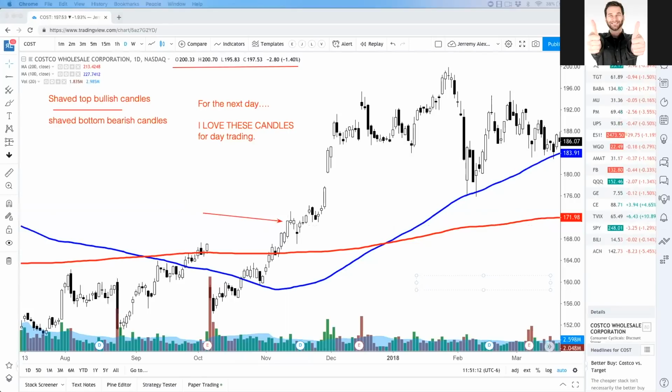What's interesting about shaved top candles is this. Like 88% of the time, you will get a higher move the next day, but it will retest a large percentage of the time. So what we have to do is figure out why. So think about the sentiment, okay?